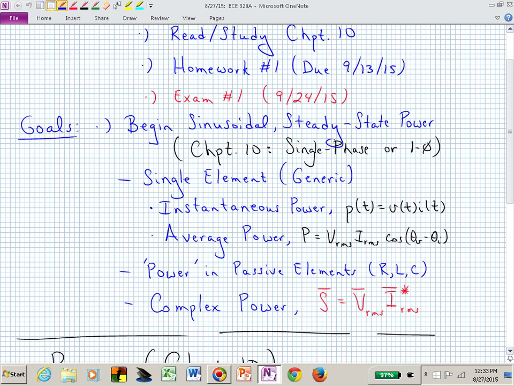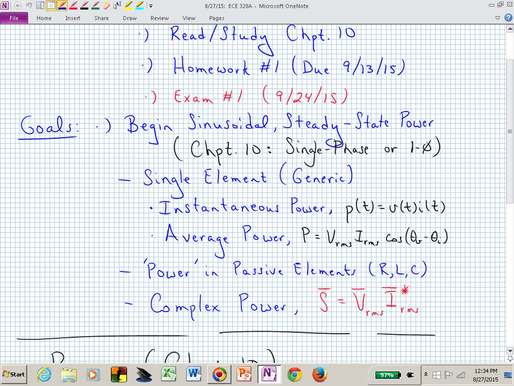We will work through these particular concepts for specific elements, being resistors, inductors, and capacitors. We'll see what they look like relative to average power, and we'll have to introduce another power, which is reactive power.